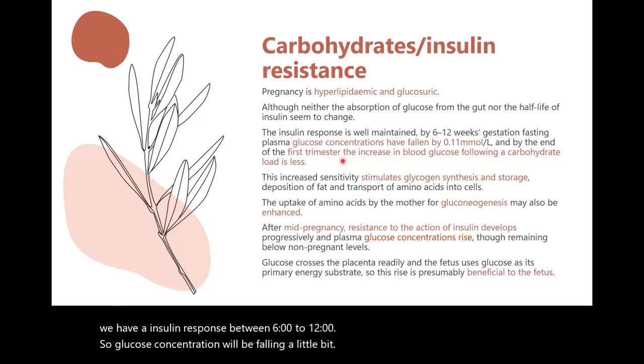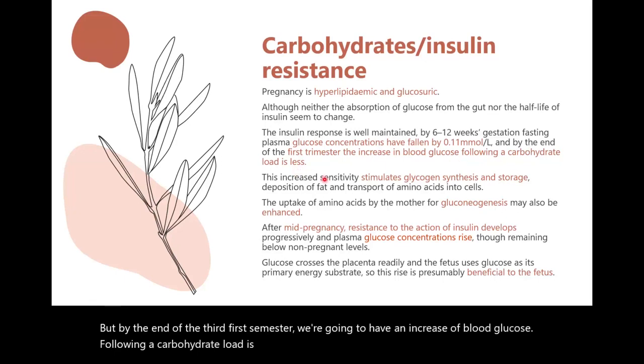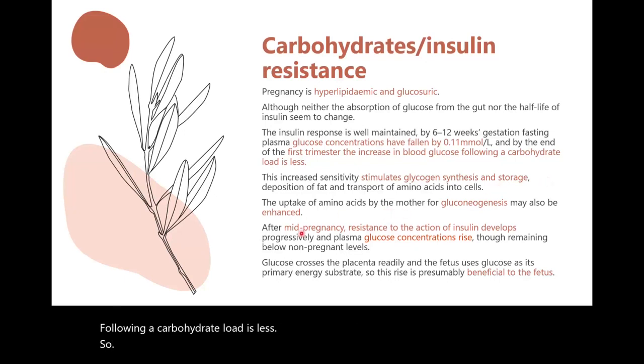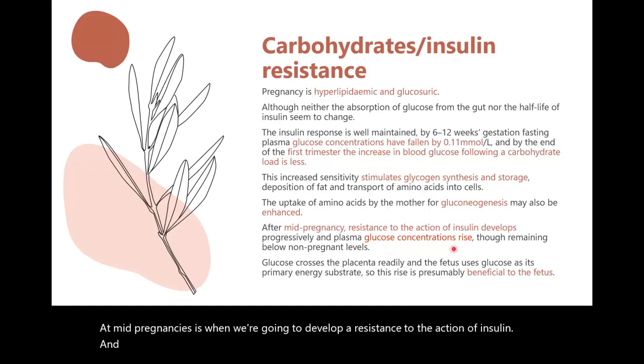But by the end of the first trimester, the increase of blood glucose following a carbohydrate load is less. So at mid-pregnancy is when we're going to develop a resistance to the action of insulin, and glucose concentrations can rise.